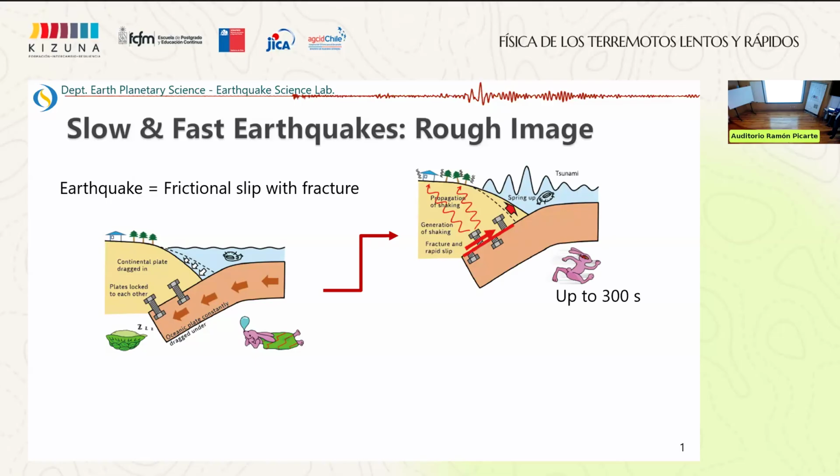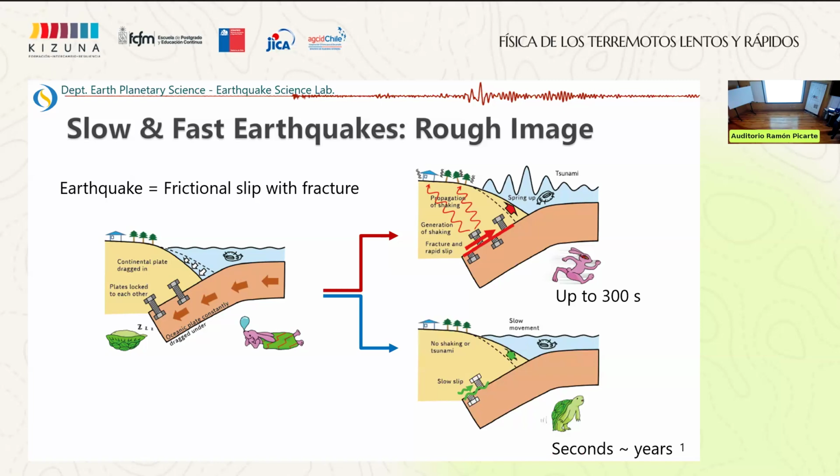And around 2000, 20 or 25 years ago, we discovered a similar but very different phenomenon called slow earthquakes. It is similar in the sense that it is slip movement of the plate interface.